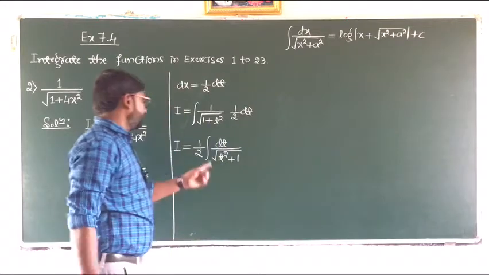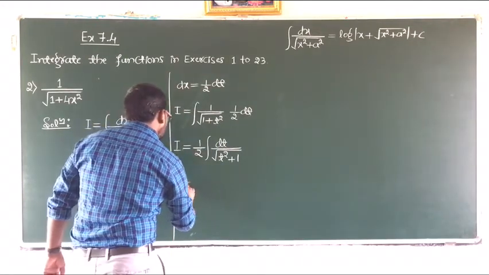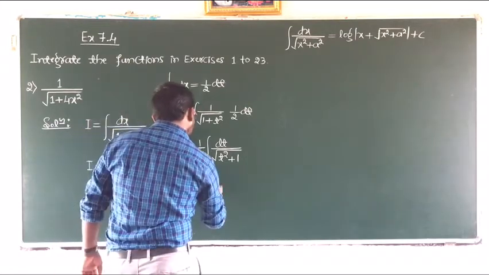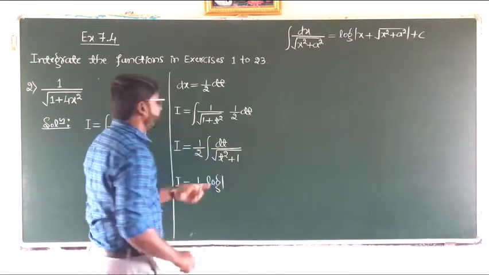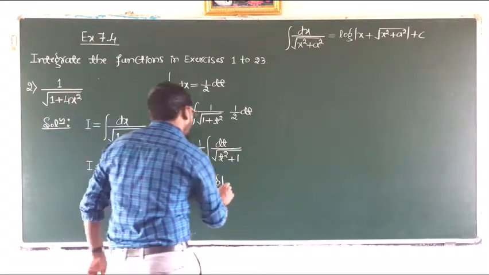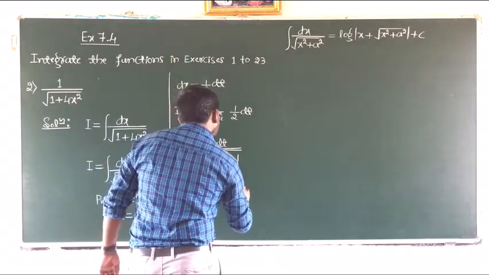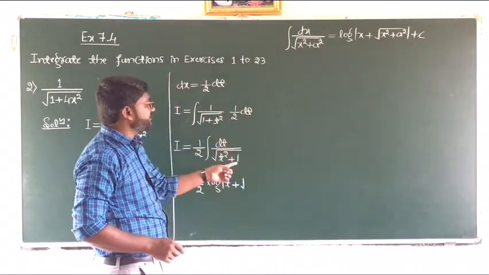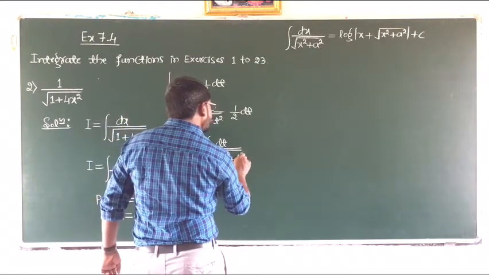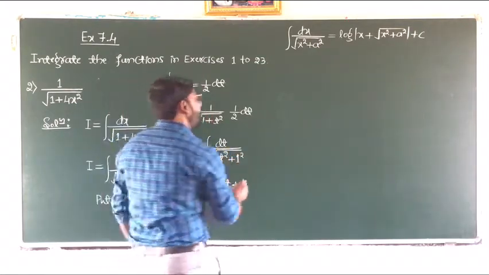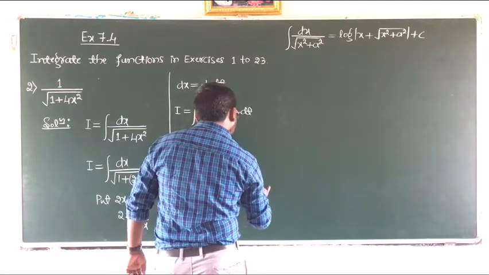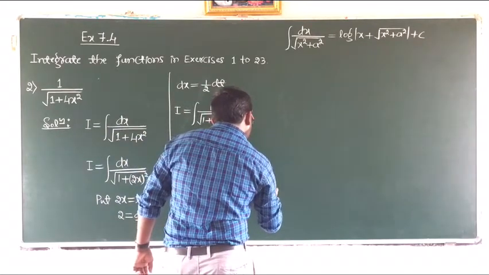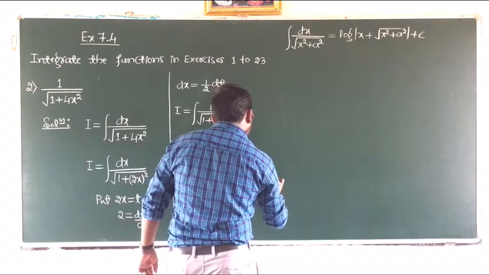So now let us write this integral: 1 by 2 log mod, here the variable is t, in place of x I write t now, t plus under root t square plus a square. Here the value of a square is 1 square. So 1 can be written as 1 square. So now under root t square plus 1 square, it is 1. So complete the mod plus c.